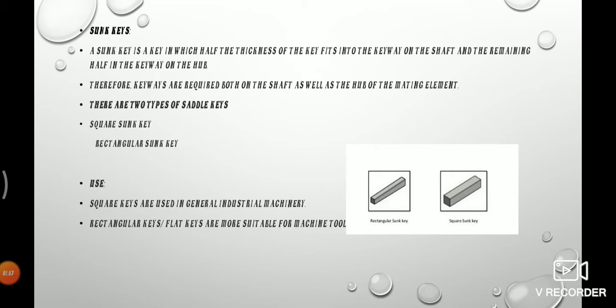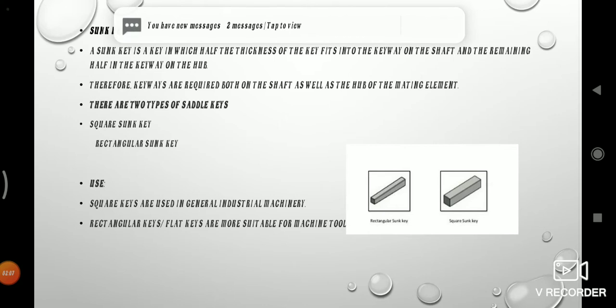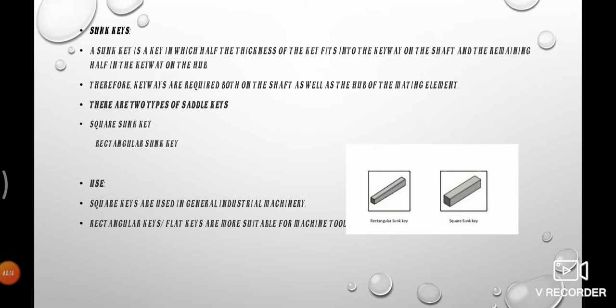Sunk keys. A sunk key is a key in which half the thickness of the key fits into the keyway on the shaft. The remaining half fits in the keyway on the hub. Therefore, keyways are required both on the shaft as well as the hub of the mating element.